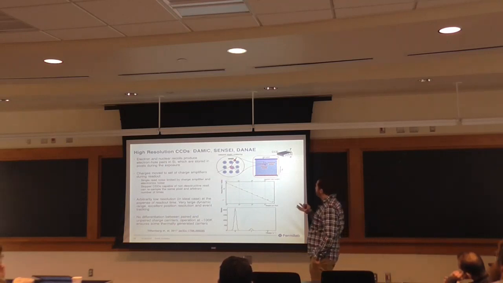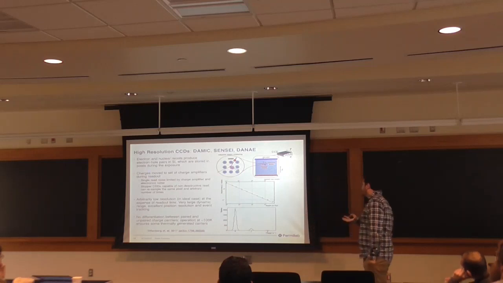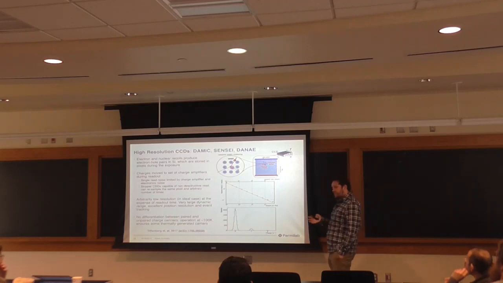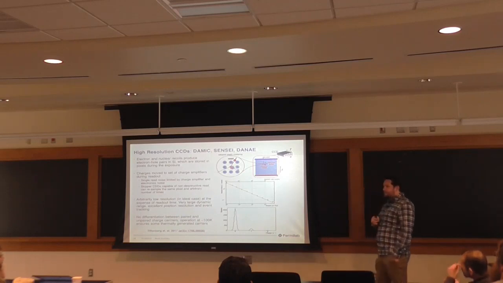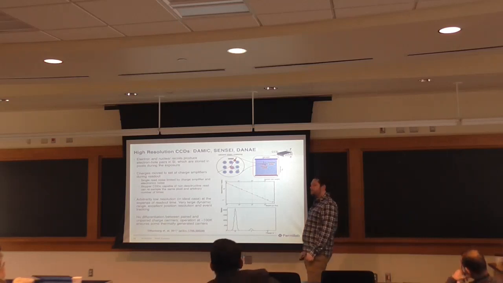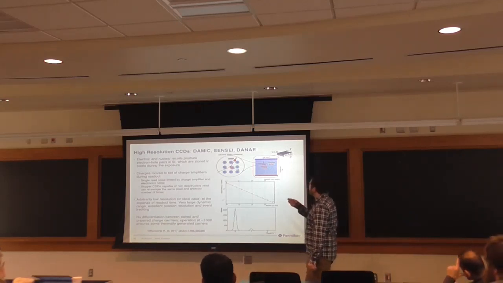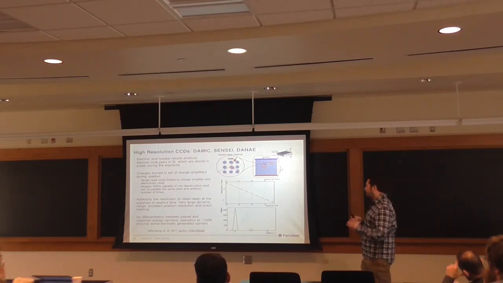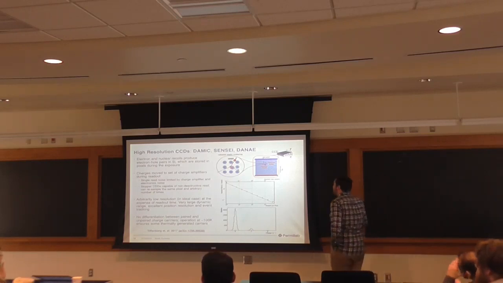So the advantage of this technique is that you expose the CCD for an hour, you read it out, it probably takes about 10 minutes, and then you have excellent granularity on your events. You can see really cool things like tracks, cosmic rays are very easy to veto, and different decays will leave different signatures. So they've done a lot of really cool work from DAMIC from the earlier generation, when they didn't quite have single electron resolution, to show that they can reject lots of backgrounds in a way that's not normal for a dark matter experiment.